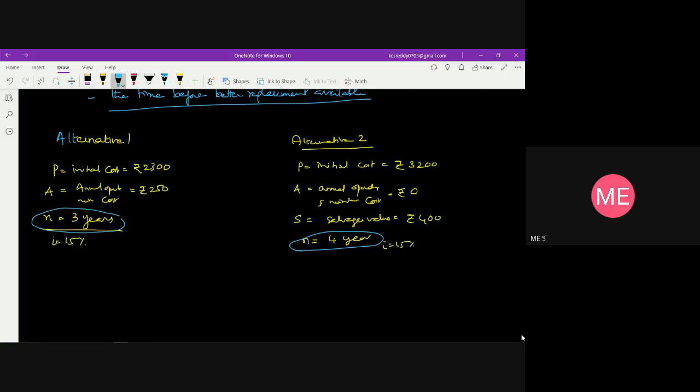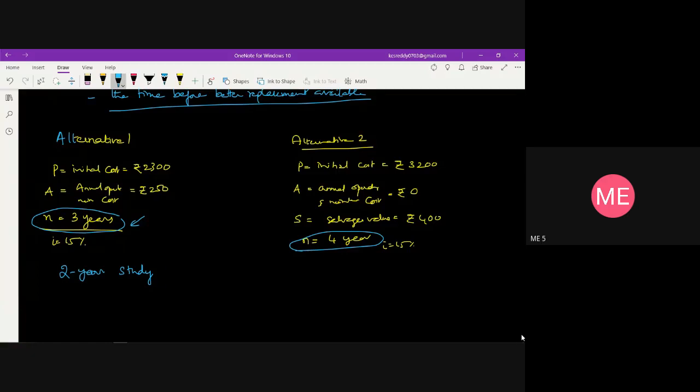When we get unequal lives, we need to go for two methods: the common multiple method or repeated cash flow diagram, or the study period method, which we are discussing now. In this study period method, I am assuming a service period for comparison of these alternatives. I am taking a 2 year study period, since one alternative has 3 years and the other has 4 years, so both contain the 2 years.